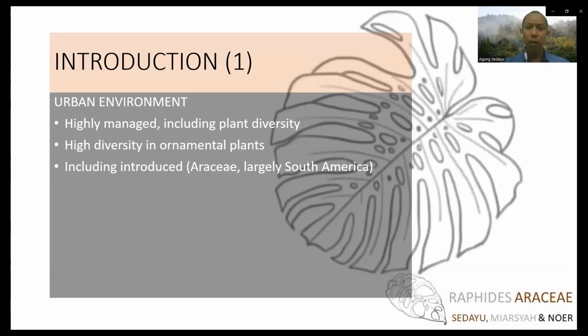One very popular group of the ornamental plants is the aroid family, or Araceae, which unfortunately comes from South America, many of them. Only several species are native to Indonesia.